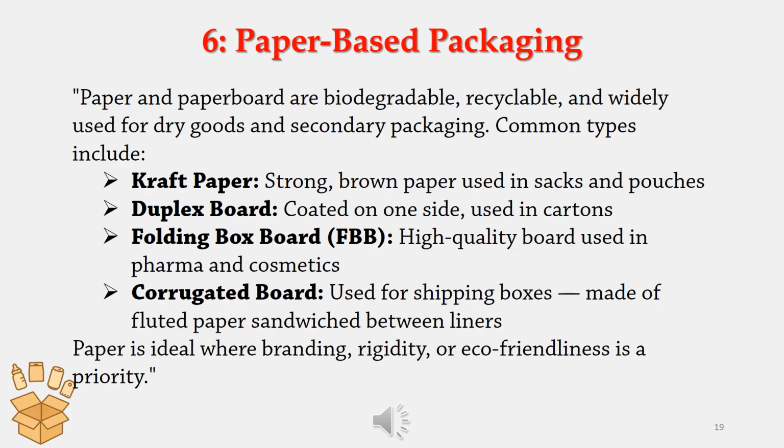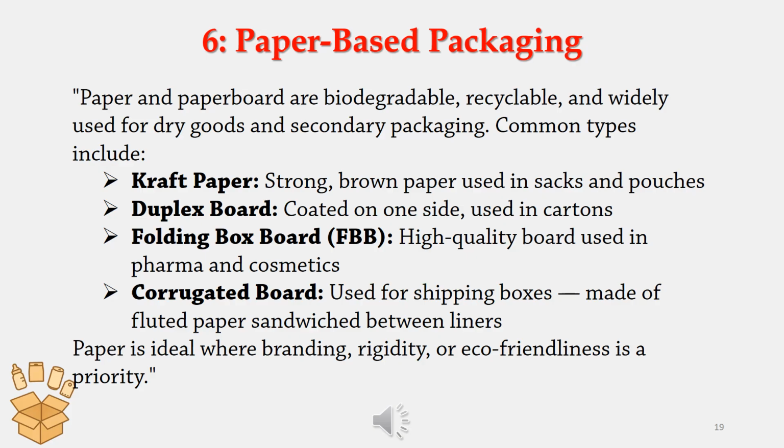Common types include kraft paper, strong brown paper used in sacks and pouches; duplex board, coated on one side, used in cartons; folding box board, also called FBB, high quality board used in pharma and cosmetics; and corrugated board, used for shipping boxes, made of fluted paper sandwiched between liners.